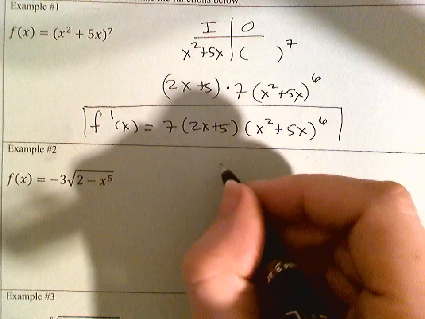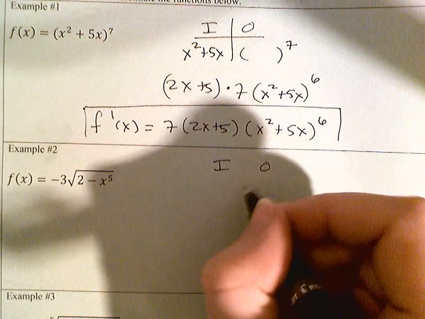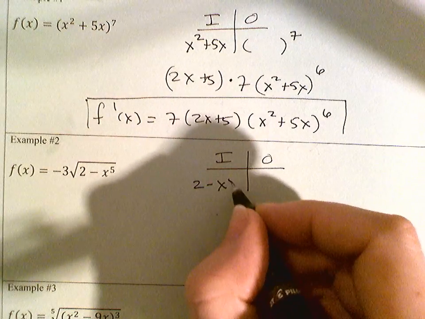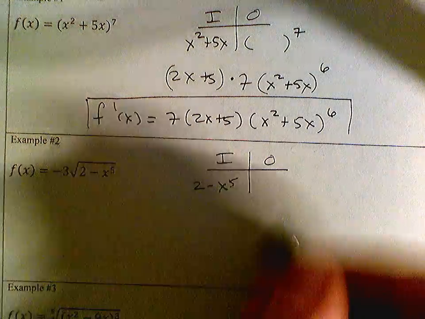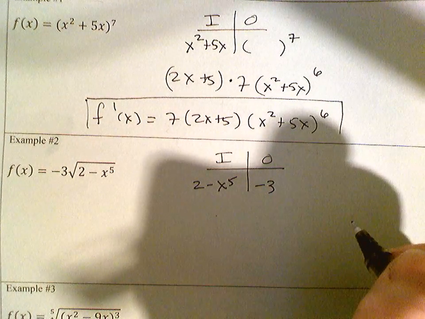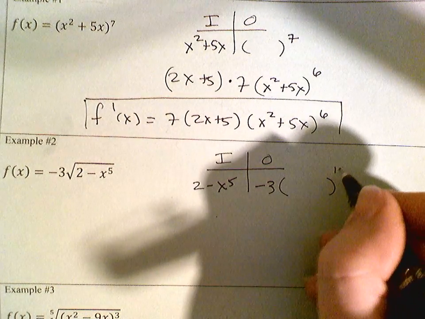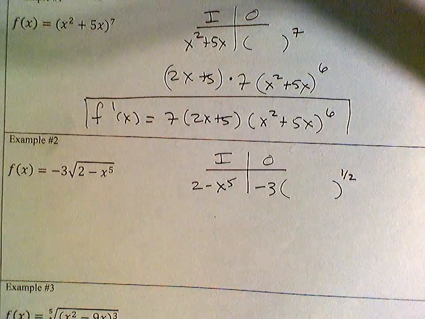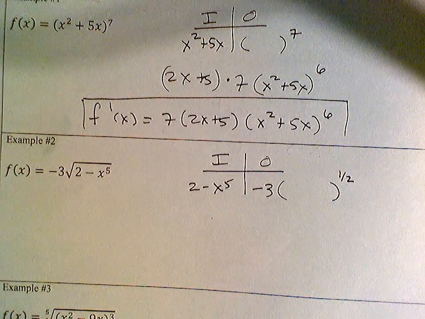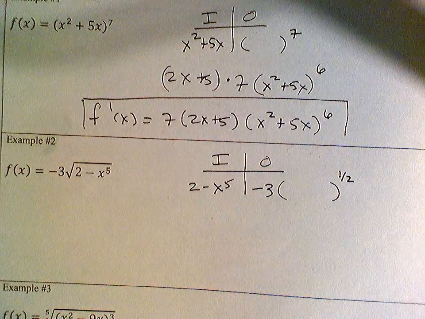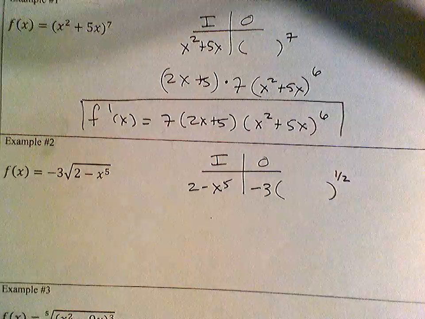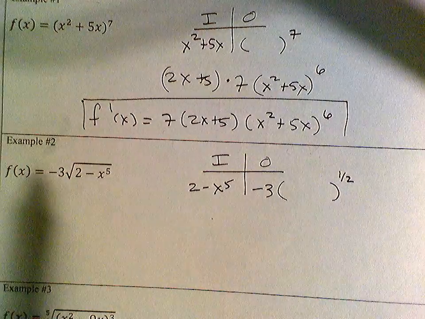So when I do my inside-outside chart, I have 2 minus x to the 5th, and that is inside of -3 radical blank. So I'm going to go -3 blank to the 1/2. Very often, guys, the outside function is going to be something that you can use power rule on. So I'm just writing it like this so that I can clearly see what the exponent is.